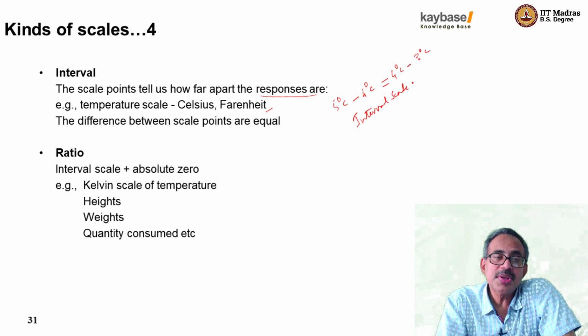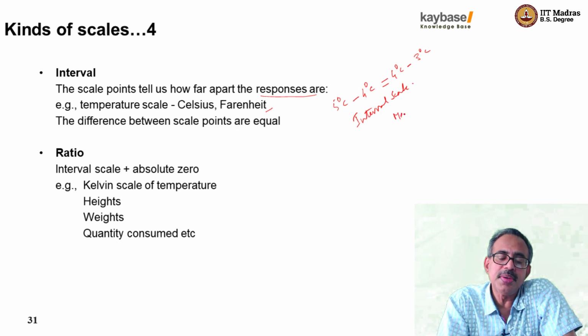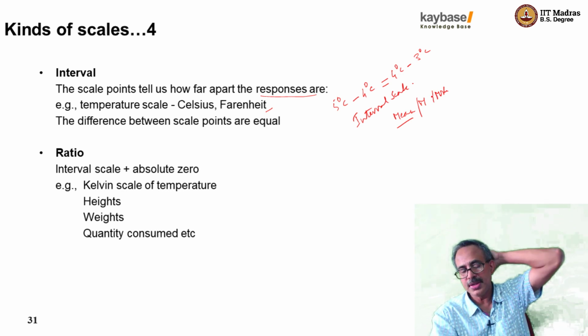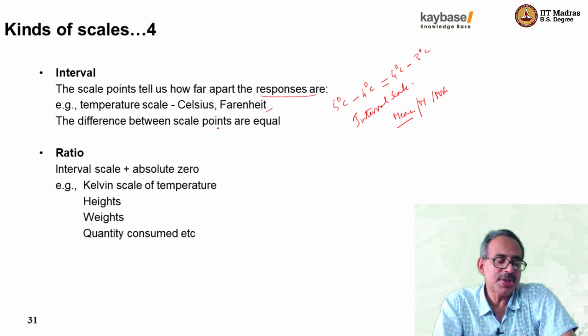Okay. Now this is the metric scale. We're actually measuring. So here you can use mean and median and mode. So earlier 2 scales you could not use mean. Here you can use all 3. Right? Ratio scale is the same as this plus absolute 0.